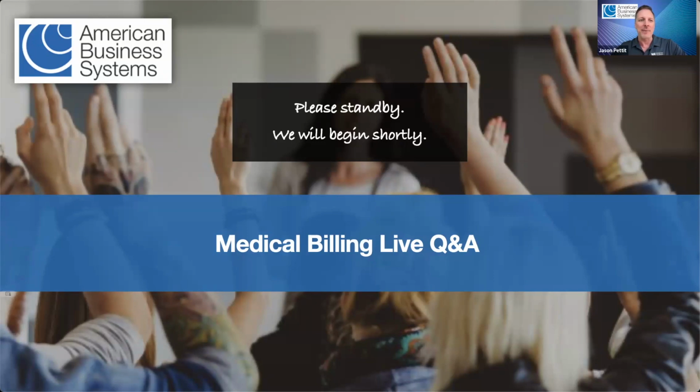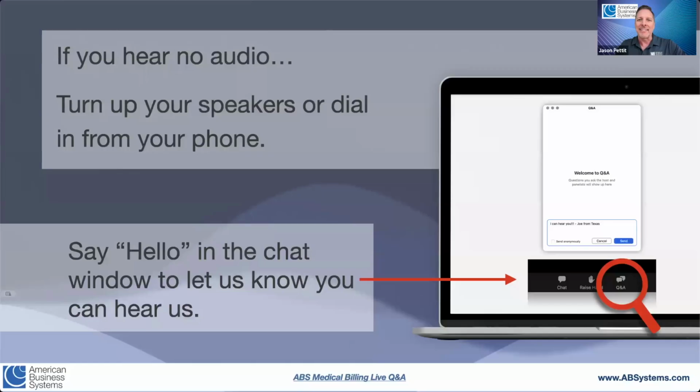It looks like we've got people continuing to join, and as everybody gets a chance to get their audio working, we'll make sure to give everybody plenty of time to get in here before we start the important things. Today, we are doing a live Q&A session. Because of that, it's very important that you understand how to register your questions.